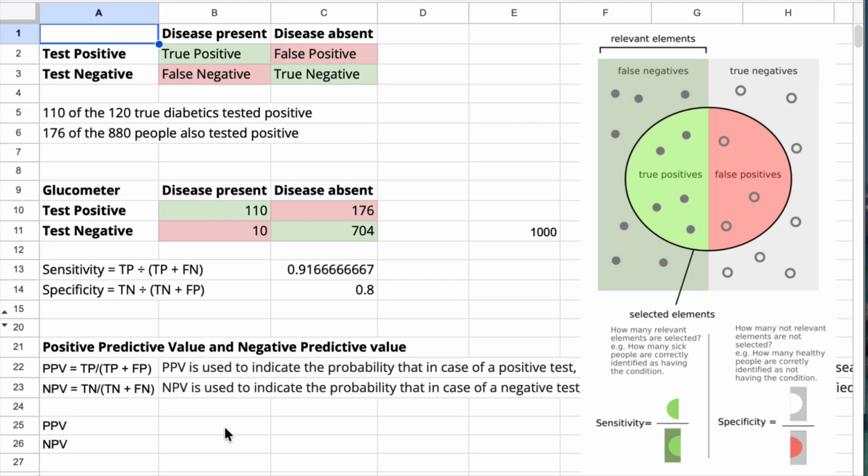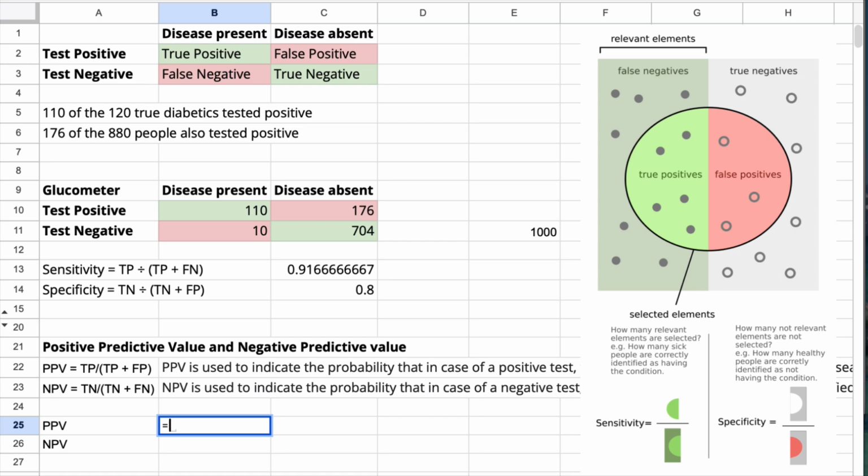So if you get a positive test back, in this case a glucometer test for blood glucose, and it comes back positive, what is the probability that you actually have the diabetic condition based on your blood sugar?